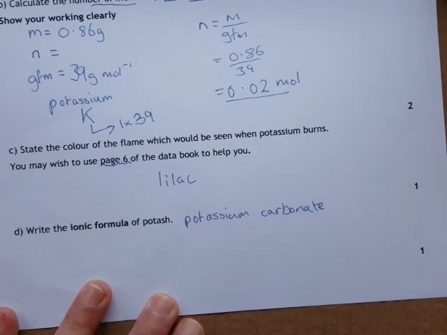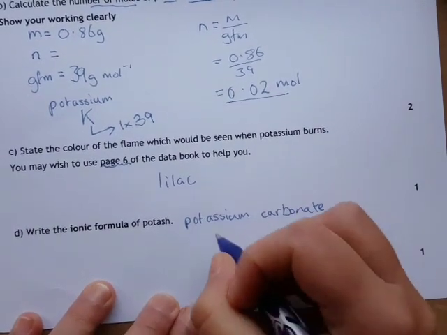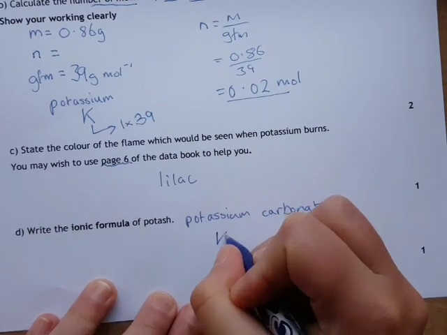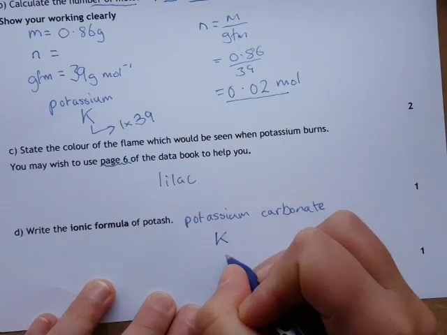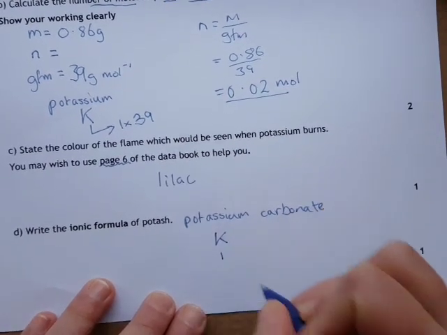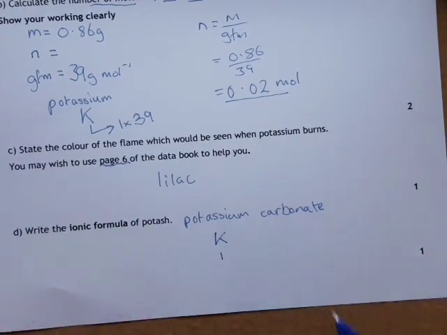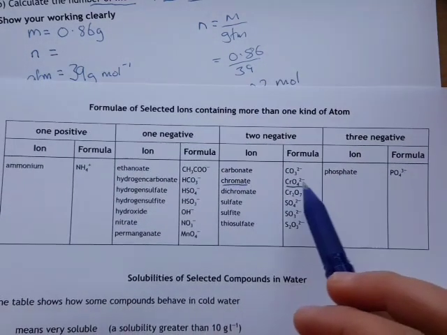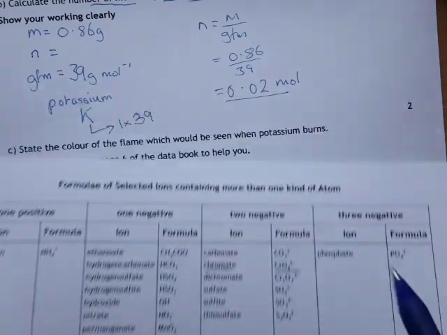Okay, so it says write the ionic formula. Usually the way I've taught you to do this would be to just write the normal formula first and then the ionic formula. So potassium is in group 1 and has a valency of 1. Carbonate is on page 8 of the data book. Okay, and if you find carbonate in the data book here, you'll see it's got the formula CO3 2-.